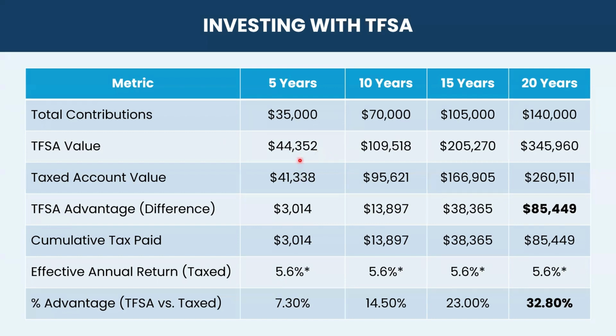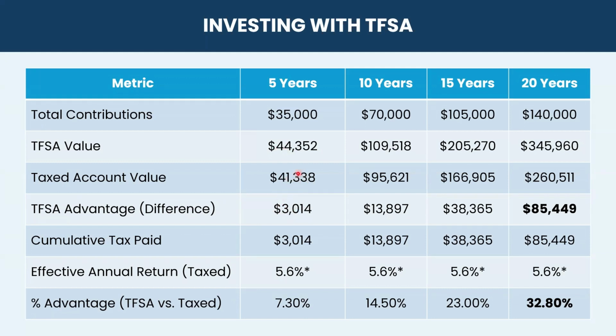$44,352. But if I put the same amount of 7,000 in my savings account, I would have made $41,338. The difference between those two is $3,000 in 5 years. So that means for me, putting my money in a TFSA, I have saved $3,000.